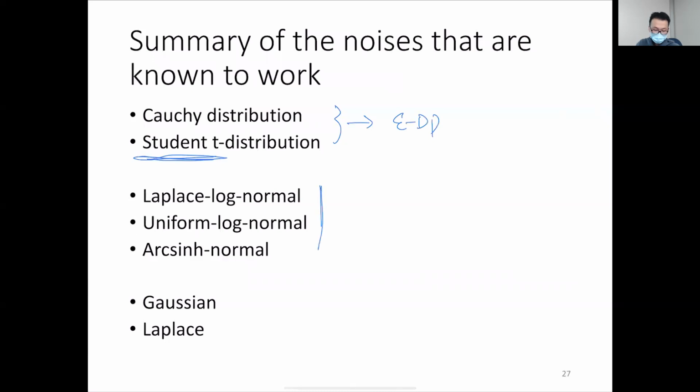And for the Laplace log normal and the uniform log normal, or some other transformation of normal by applying the hyperbolic sine function to the normal random variable, you can get rho concentrated differential privacy. And from the original paper, we know that adding the more classical noise that we learned gives the approximate epsilon-delta differential privacy guarantees.